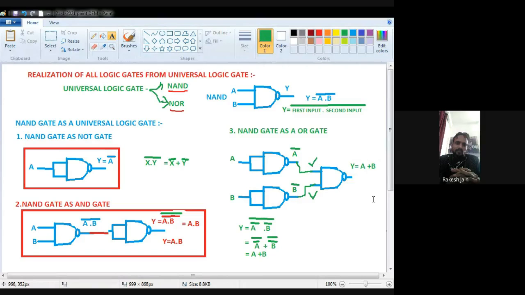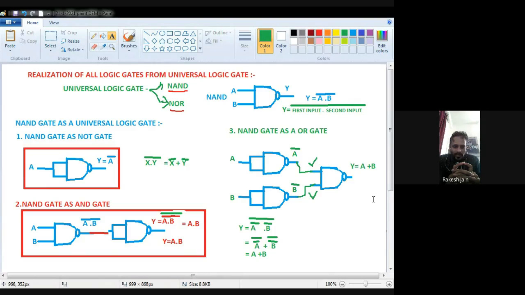The final outputs A bar and B bar are connected with the 2 inputs of a new NAND gate. So the 2 inputs of this third NAND gate are A bar and B bar. We know that the NAND gate output is first input dot second input having a bar. So here the first input is A bar, second input is B bar, so A bar dot B bar having a bar.